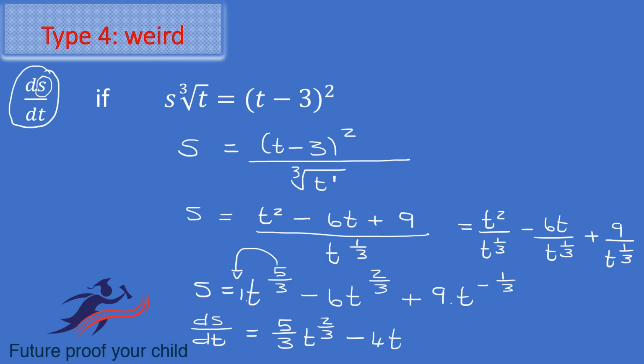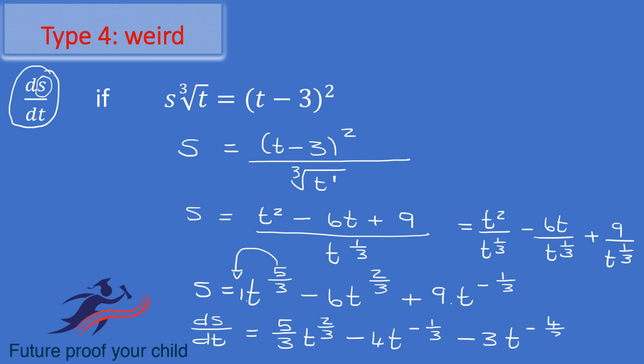We write our t down. 2/3 minus 1 gives me -1/3. And then we have -1/3 times +9. That gives me -3. We write our t down. And -1/3 minus 1 gives me -4 over 3.